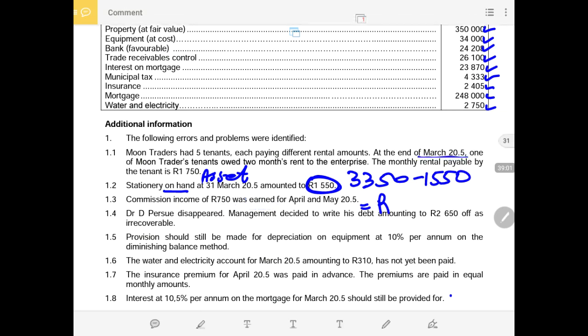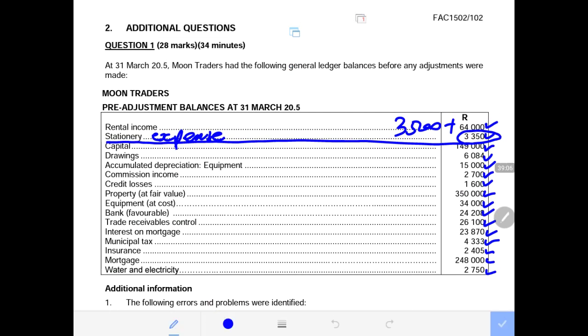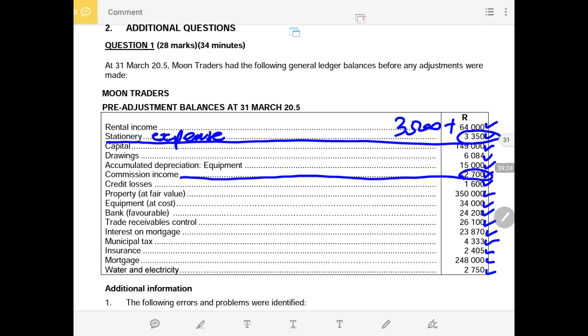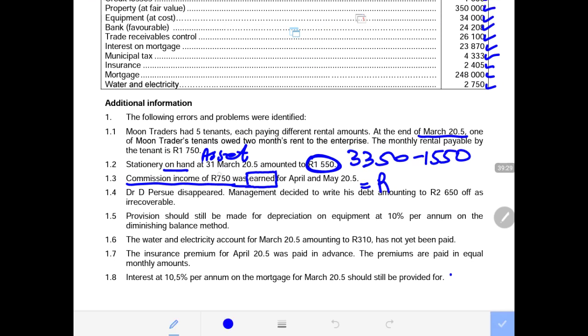So now this will tell us that out of the commission of 27,000, which we earned, another one which is earned belongs to the month of April and May. So now that means the amount of 750 belongs in April and belongs in the month of May.